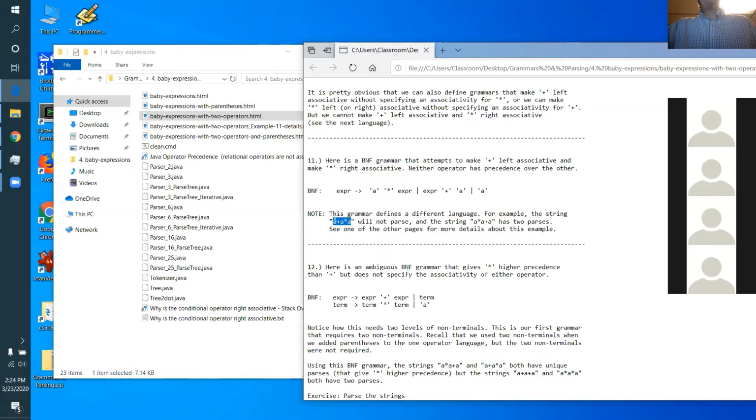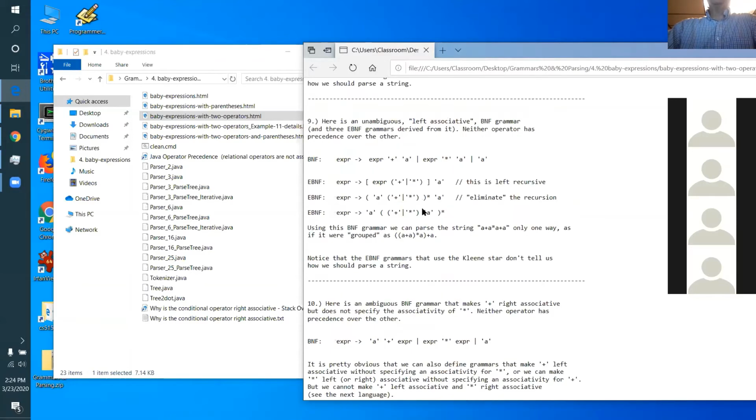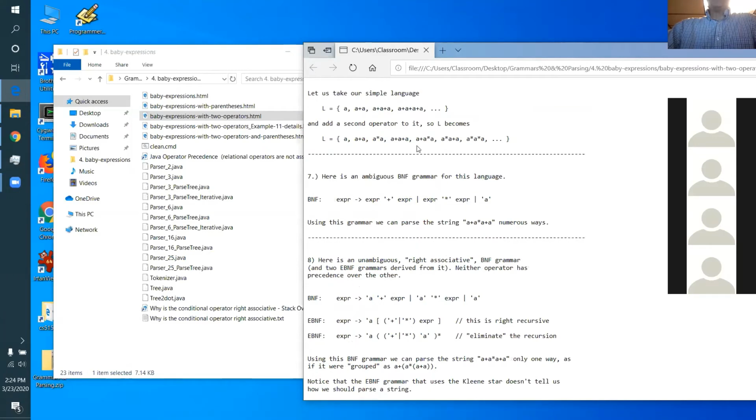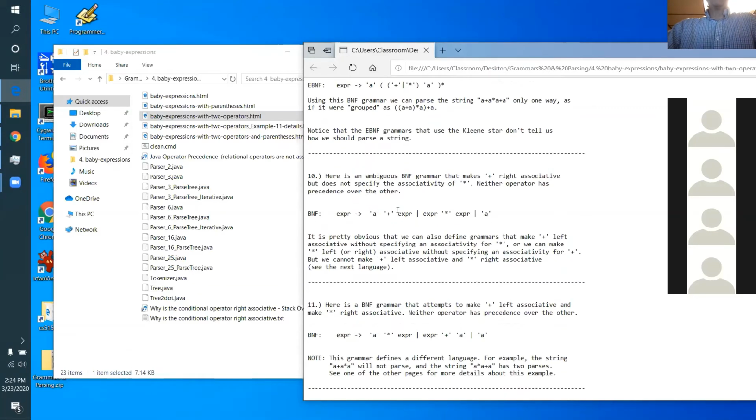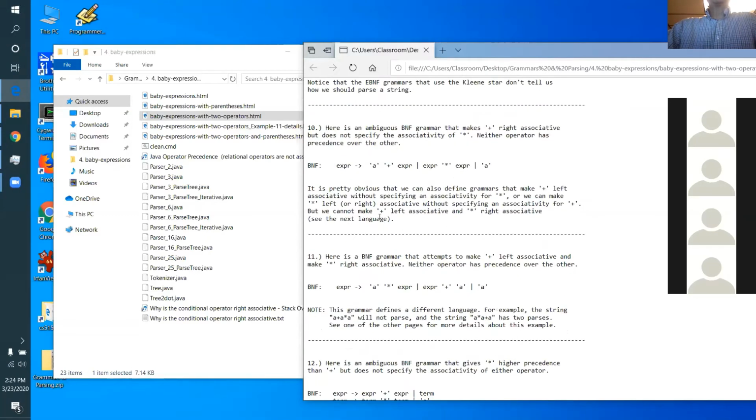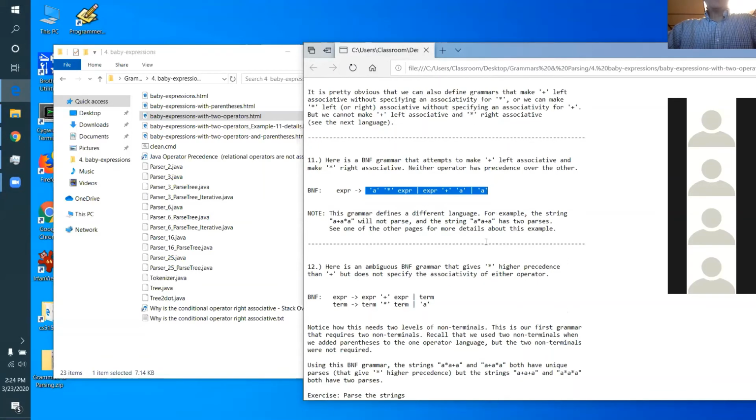So it turns out this grammar doesn't include that sentence, which actually brings up the weird question of what this is a grammar for then. It looks like it's going to be a grammar for this language where you make plus left associative and multiplication right associative, but it turns out it isn't. I don't even know if I remember what this is a grammar for.